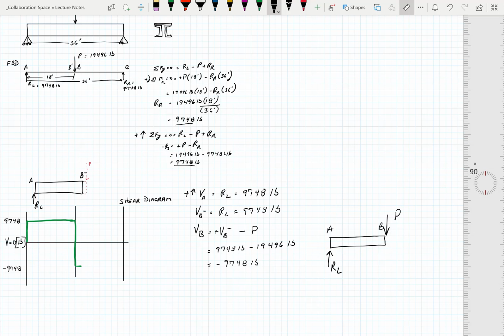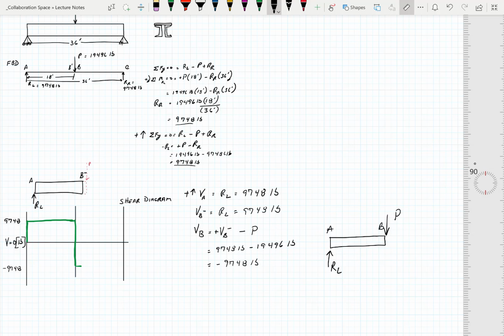And the result of that free body diagram says I got a lot more P than I got R, so I'm going to drive down to what was the neutral axis, right? Zero axis of shear. Make sense? Okay.